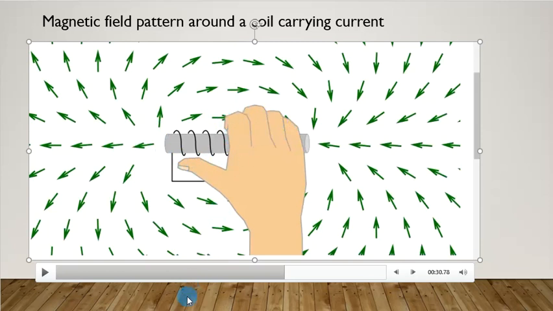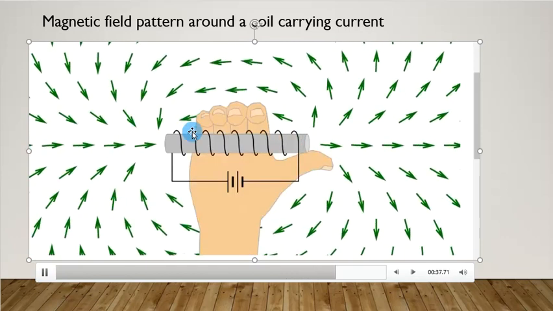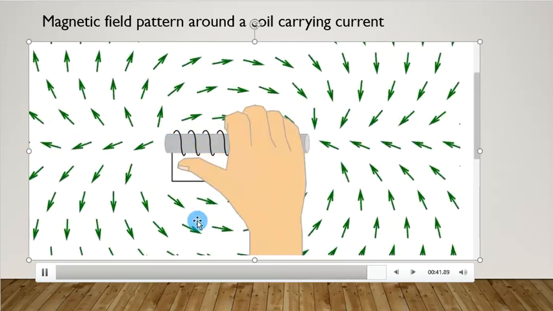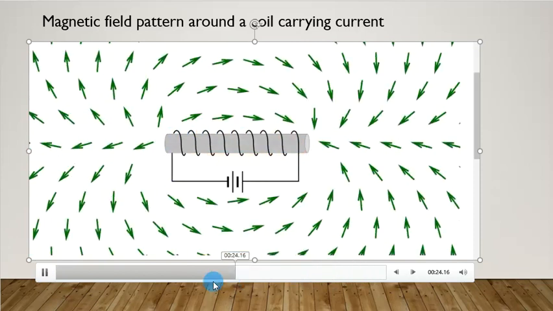All right, so from here, let us see. So we can also change the polarity here. If we change the polarity, what happens to the right hand? So you grip the coil from behind like that, because current is now moving like this. Let me repeat that part so that we see it clearly.